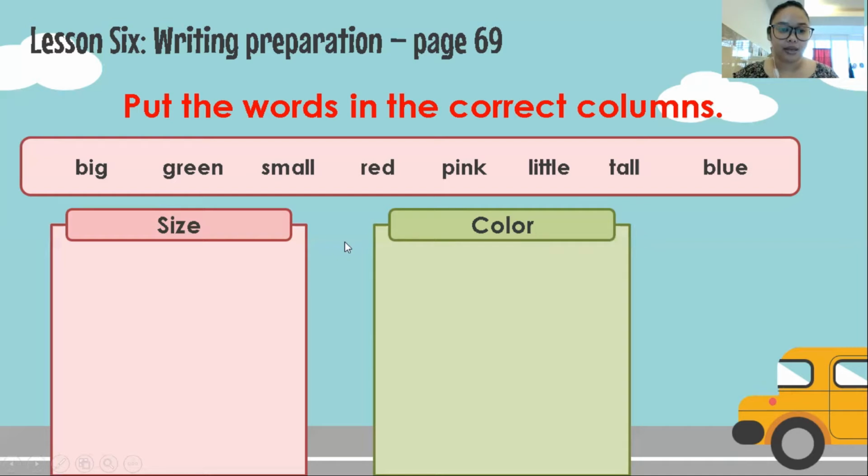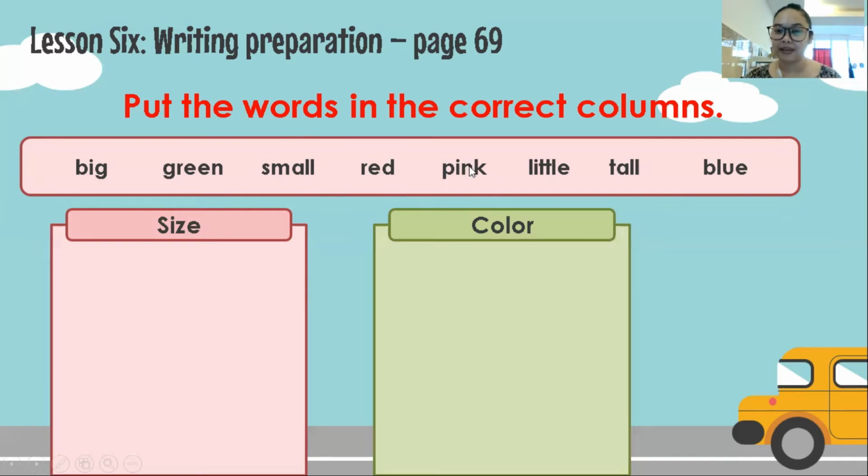Ready? Okay. Green. What is green? Is it size or a color? Write your answer in the box, okay? How about small? Is it a size or a color? Write your answer. Red. Is it a size or a color?